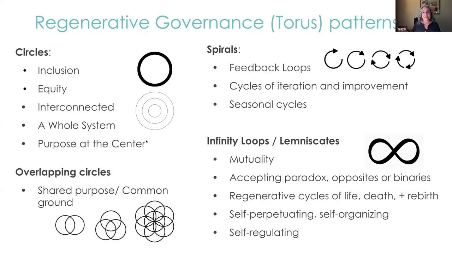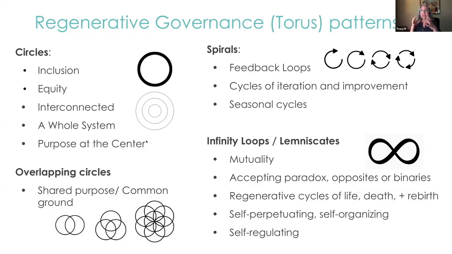So the design cycles, lots of different cycles, feedback loops, seasonal cycles rather than seeing things in such linear ways. And so I'm curious if we can start to map what is regenerative governance by observing these kinds of practices. So I hope that I'm making the connection, right?